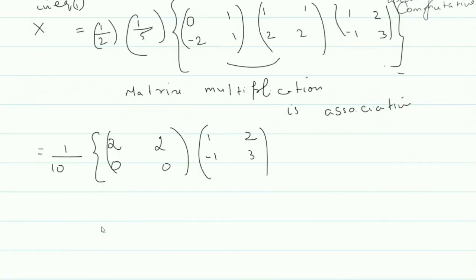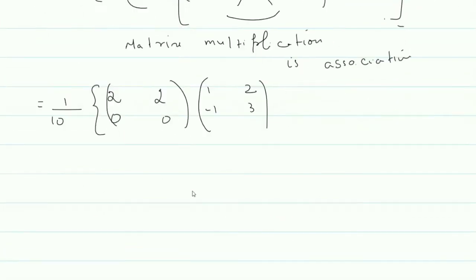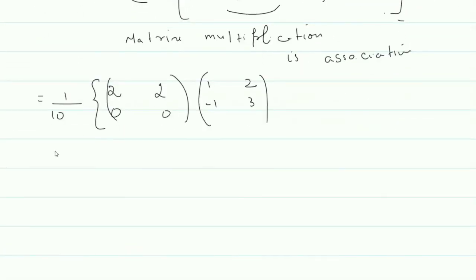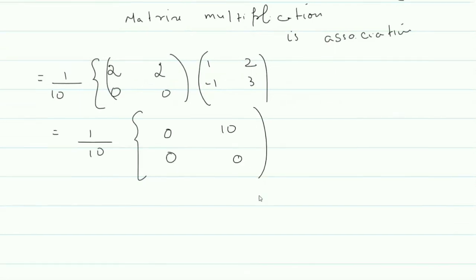That will give you 1 by 10, multiplied again: 2 into 2 is 4, plus 6 is 10. 0 minus 0, 0 into 2 is also 0.